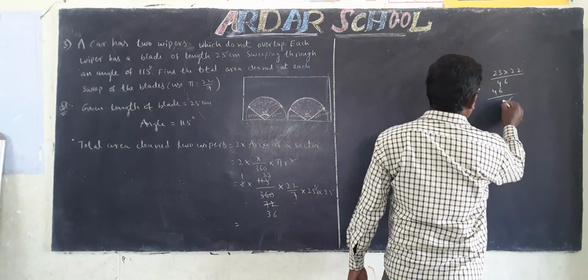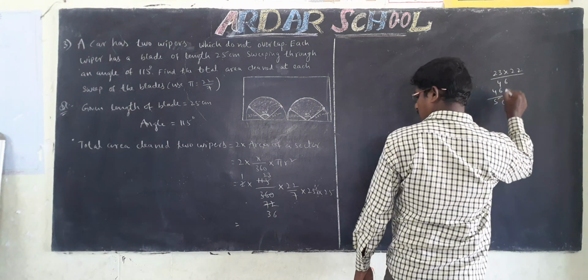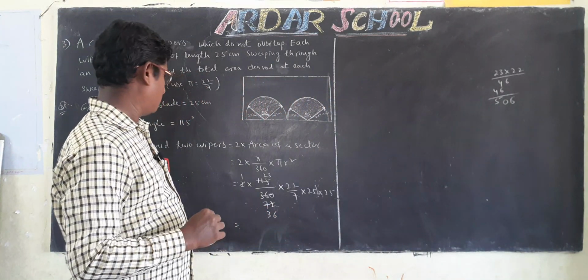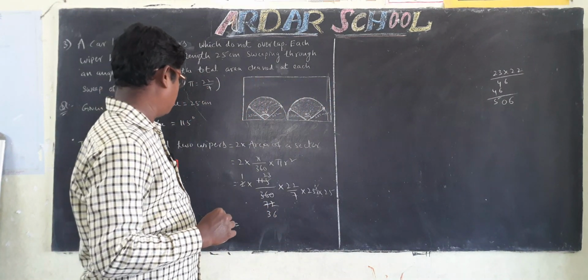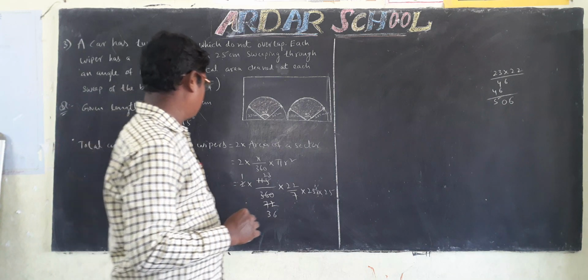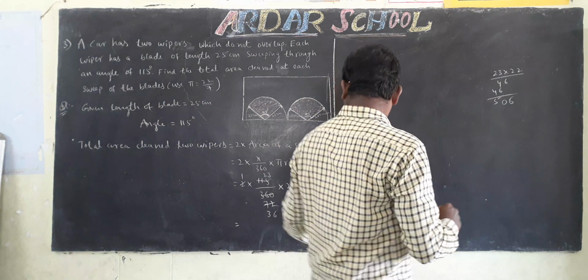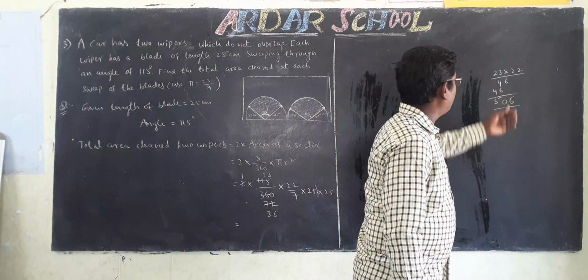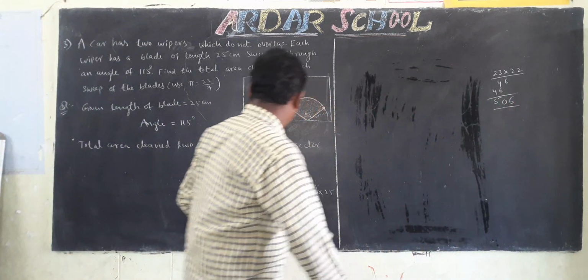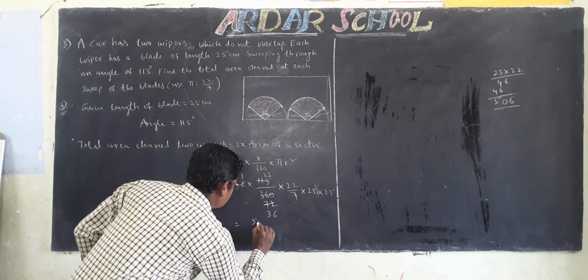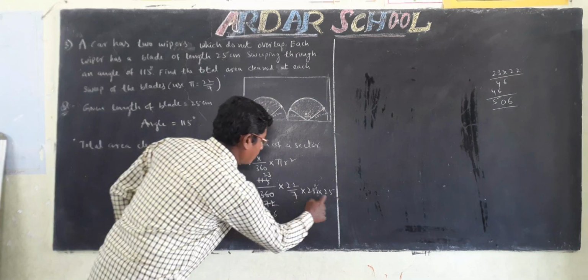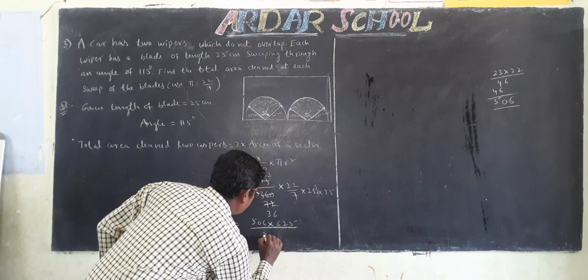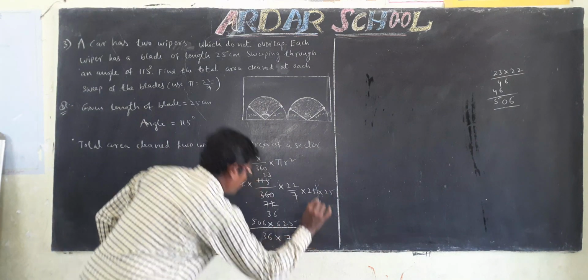So 23 into 22 is 506. So 506 into 25 into 25, which is 625, by 36 into 7.